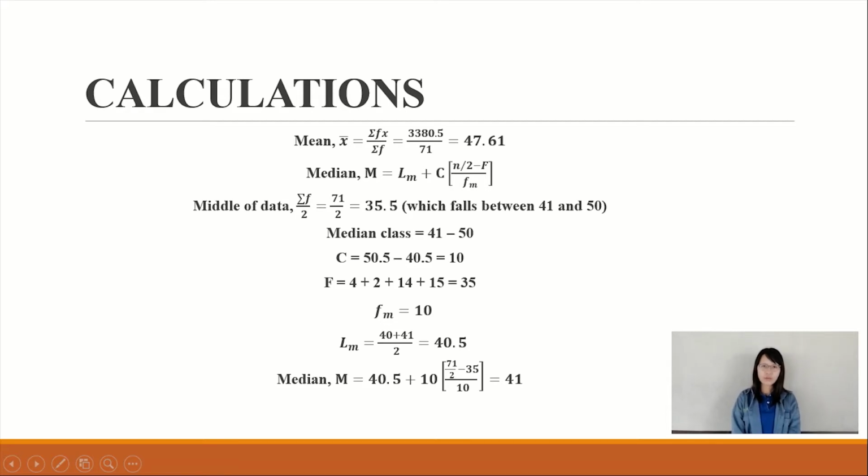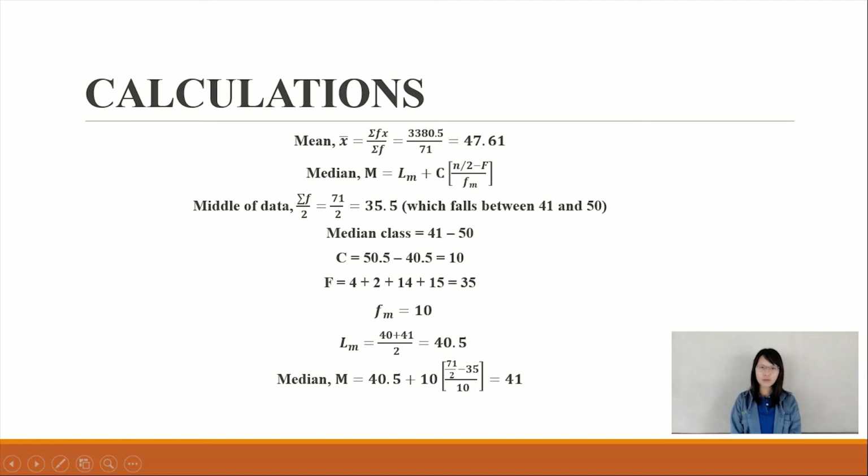Now we substitute the values into the formula, where the middle of class is summation of f divided by 2, which is 71 divided by 2, which we obtain 35.5, which falls between 41 and 50. Next, the median class is 41 to 50.